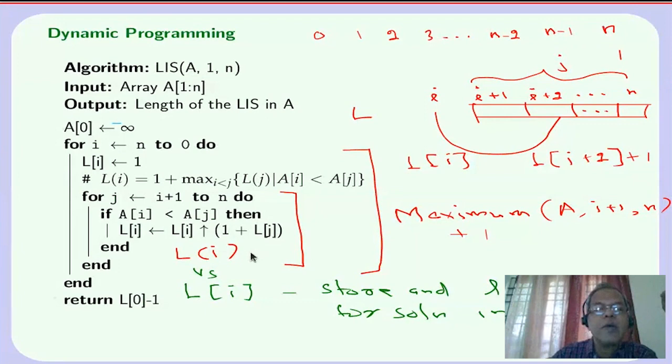Whereas here, there is a call to solve a subproblem. So L of I means we are computing the solution. L at I means we are looking up the solution. So that's the main difference.